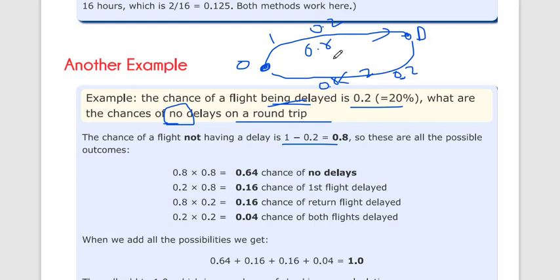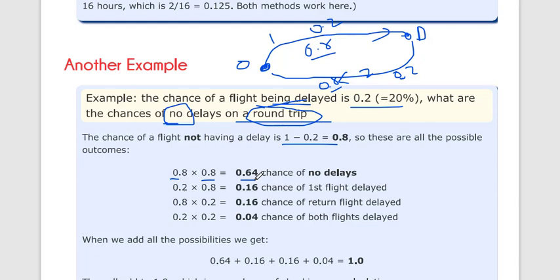Now we have two events, the probability of no delay is 0.8, and the other trip also 0.8. Origin to destination, destination to origin, we have to calculate the round trip. So 0.64, a 64% chance that there is no delay in the round trip.